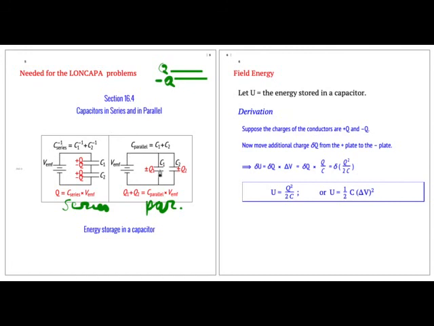So capacitor 1 and capacitor 2 are connected in parallel. They're both connected to this point, and they're both connected to this point, but the circuit does not go first through C1 and then through C2. They're not sequential, they're parallel.